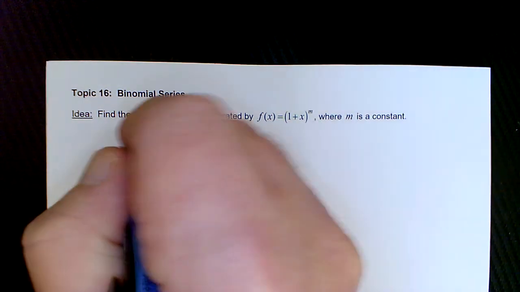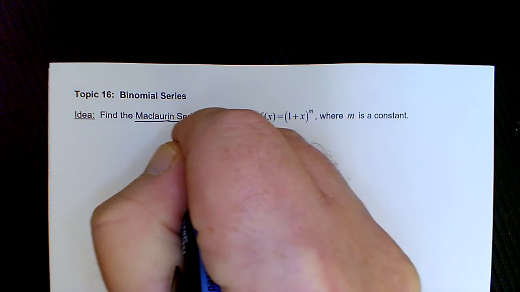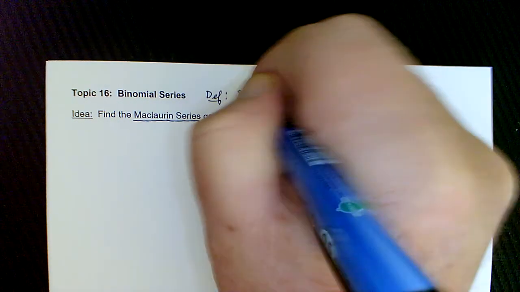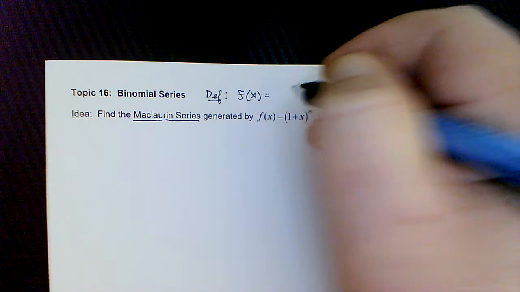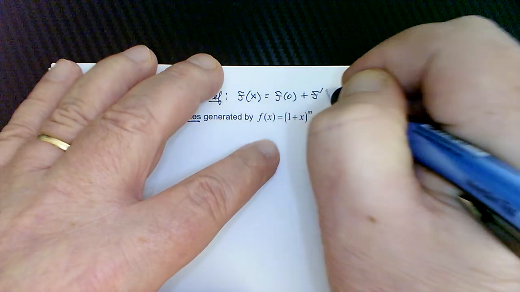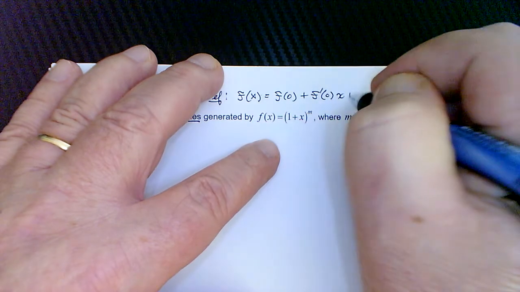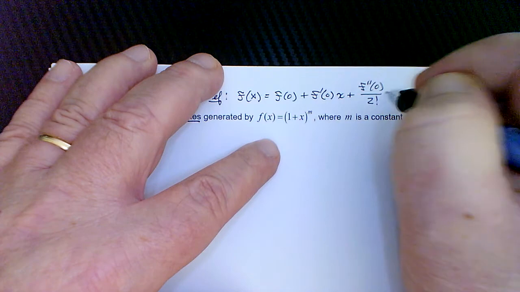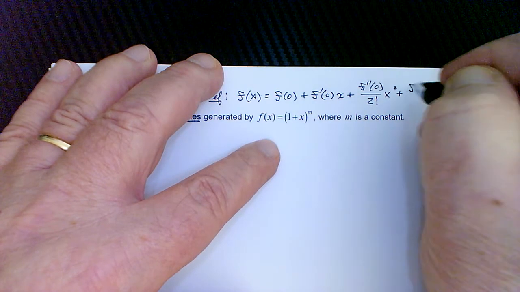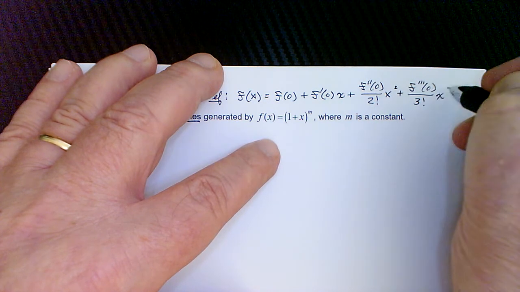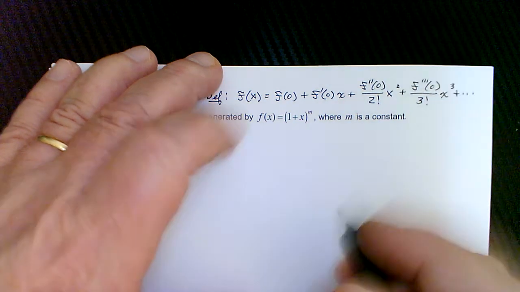So what we're going to do is find the Maclaurin series. Remember, these are infinite polynomials. I'll put the definition up here. By definition, the Maclaurin series of the function f of x is f of 0 plus f prime of 0 times x plus f double prime of 0 over 2 factorial times x squared plus f triple prime of 0 over 3 factorial times x cubed, and so on.